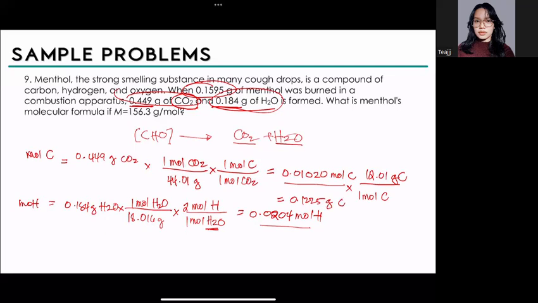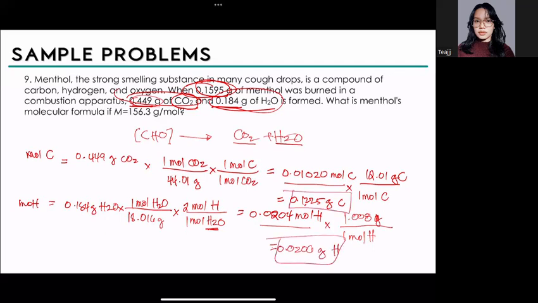So in this amount, the carbon is 0.1225 grams. And then for hydrogen, you have 0.0206 grams of hydrogen.